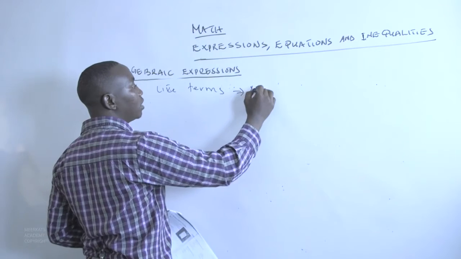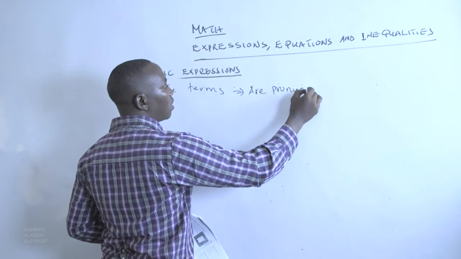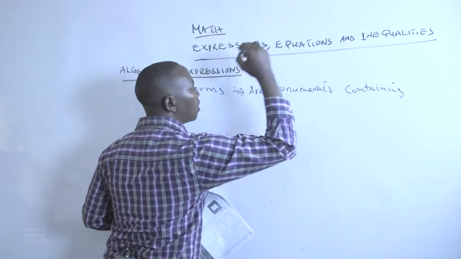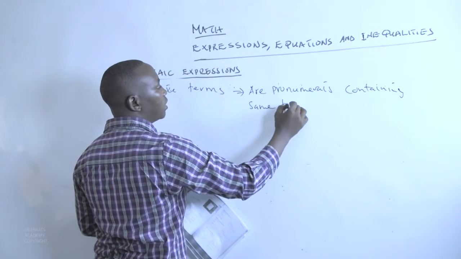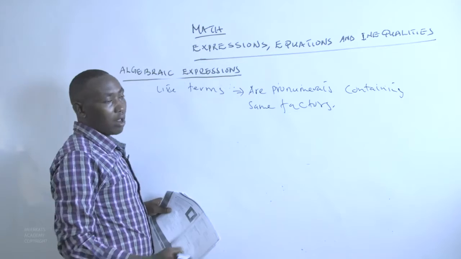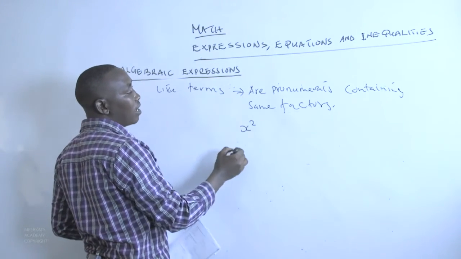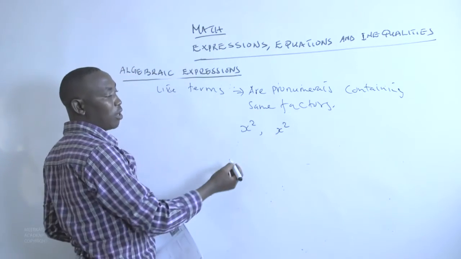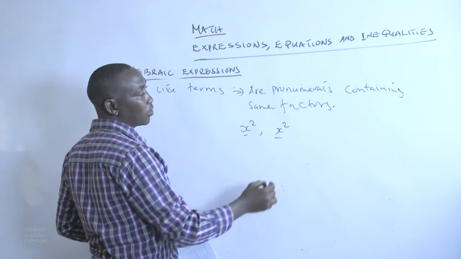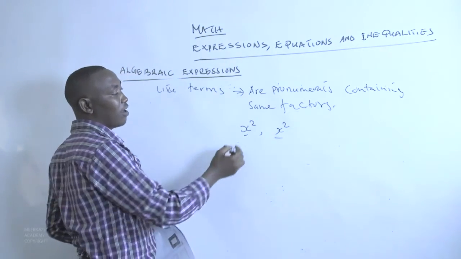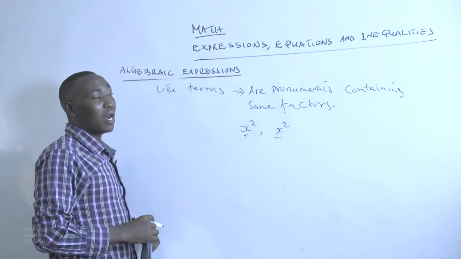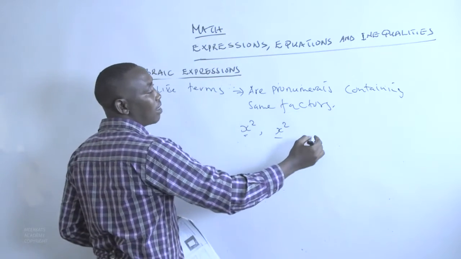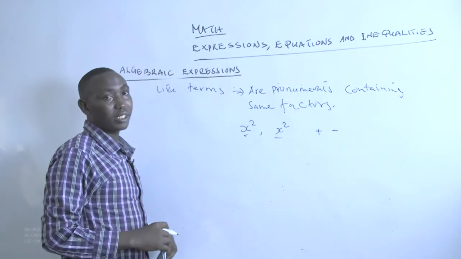So if we talk about x squared and another x squared, we can say that they are pronumerals with the same factors, and therefore x squared and x squared are like terms, and we can operate on them by either adding or subtracting them.